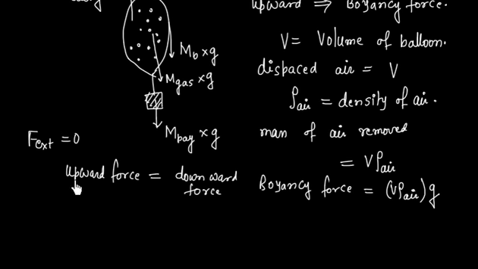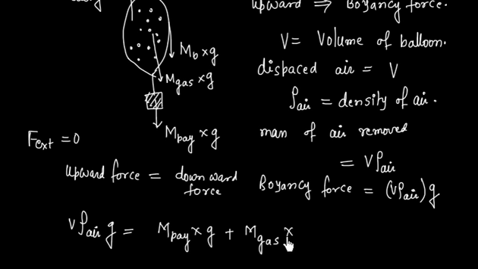So if I apply this, the upward force is V times rho air times g, and the downward force we have is mass of payload into g plus mass of gas times g plus mass of balloon times g.